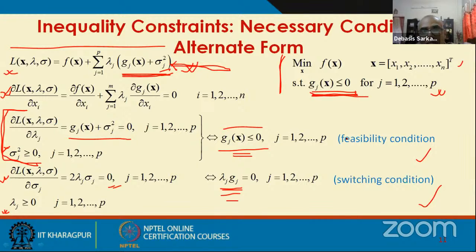So one way to approach an inequality constraint is to convert it to an equality constraint and then formulate the Lagrangian and set the gradient equal to 0, the first order necessary conditions. Now the same conditions can be rewritten in a different manner by ensuring that g less or equal to 0 in my optimality condition itself.